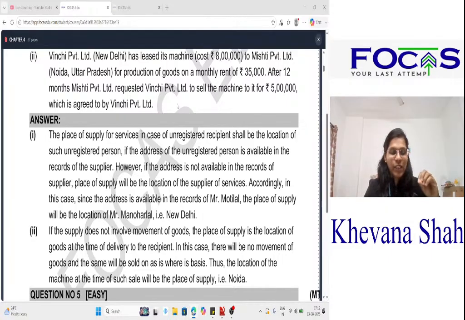Okay, so this is a case of lease and buyback. So at the end of the term, they are asking to sell the machine, and Vinci Private Limited is agreeing to sell the machine. So in this case, what will be the place of supply?